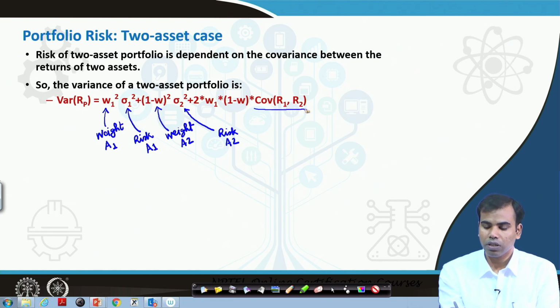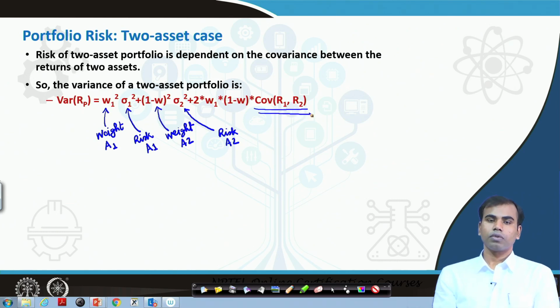What is more important is the covariance of returns on the two assets.